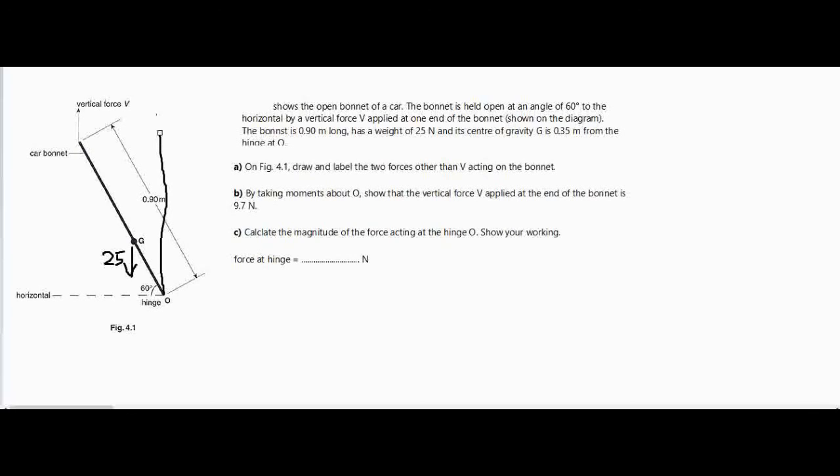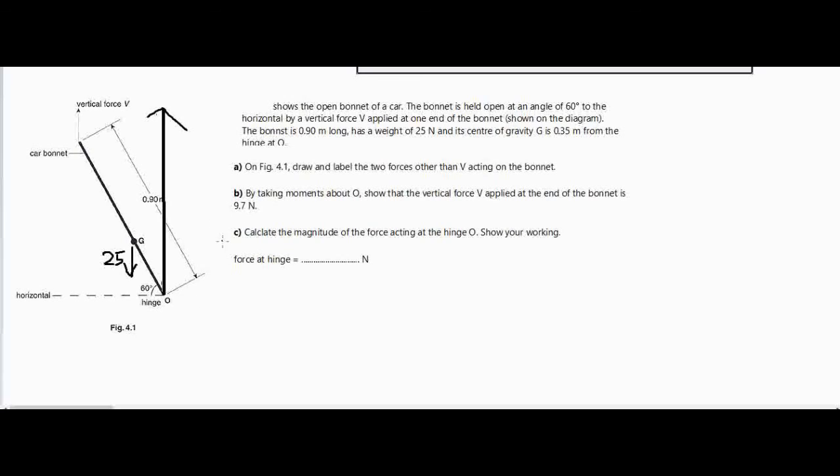Let me draw this with a perfectly straight line. So the other force would be the horizontal component that's acting upwards this way. So those are the other two forces acting on it, one at G and one at O.